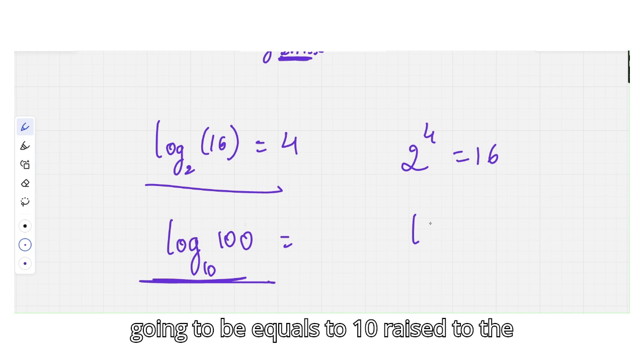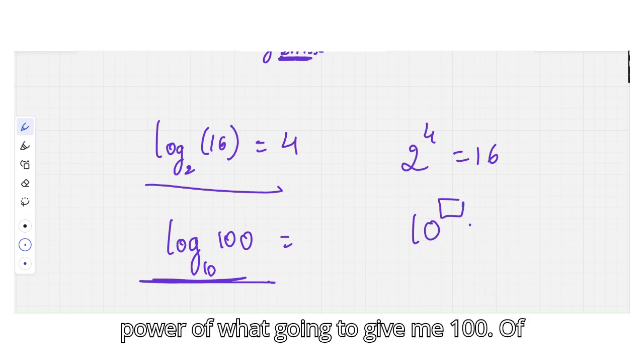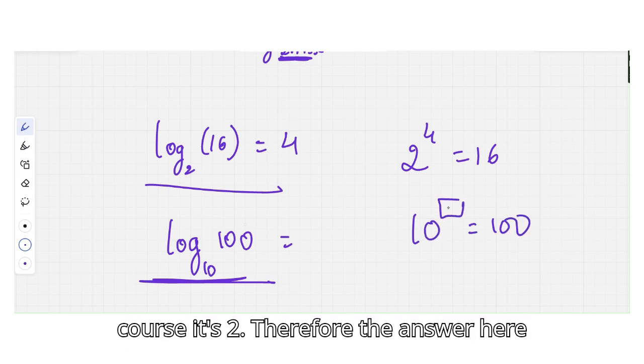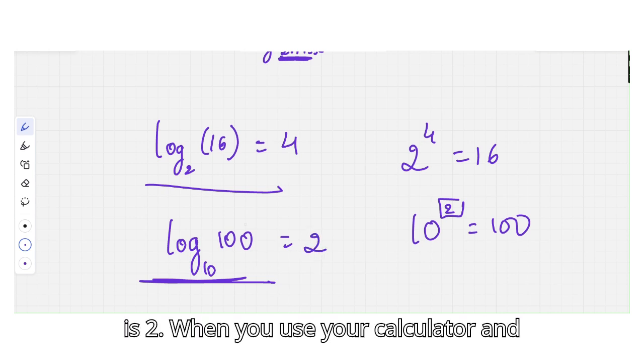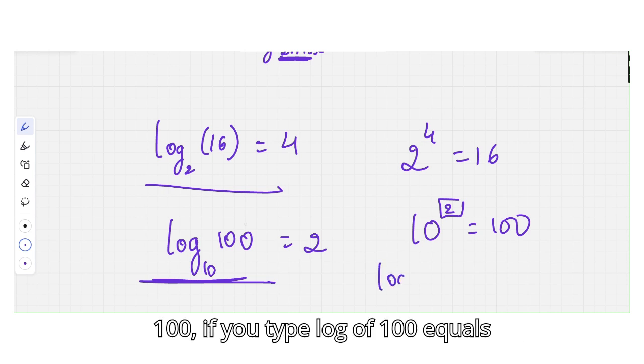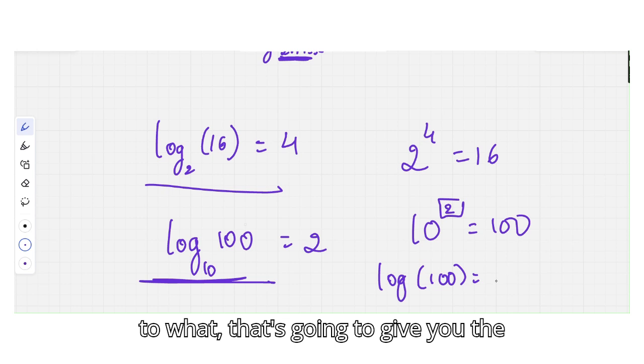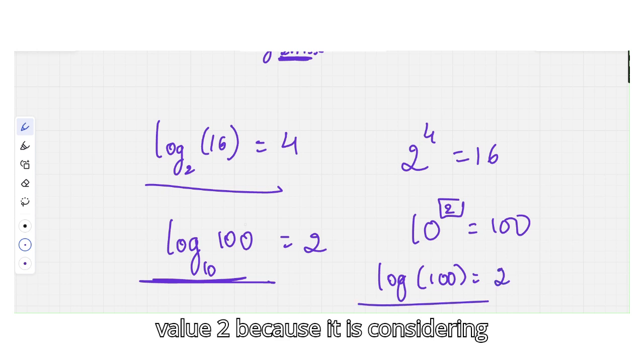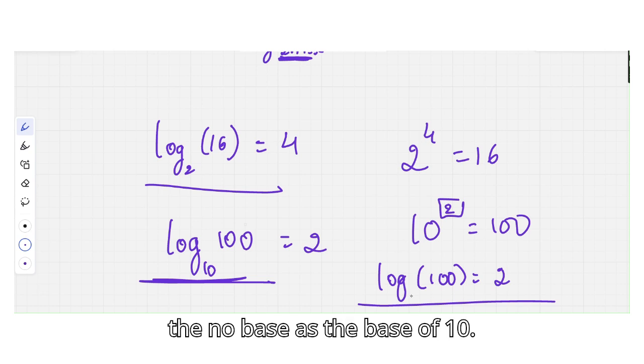That's going to be 10 raised to the power what gives me 100? Of course, it's 2. Therefore, the answer here is 2. When you use your calculator and type log of 100, it gives you the value 2, because it is considering the no base as the base of 10.